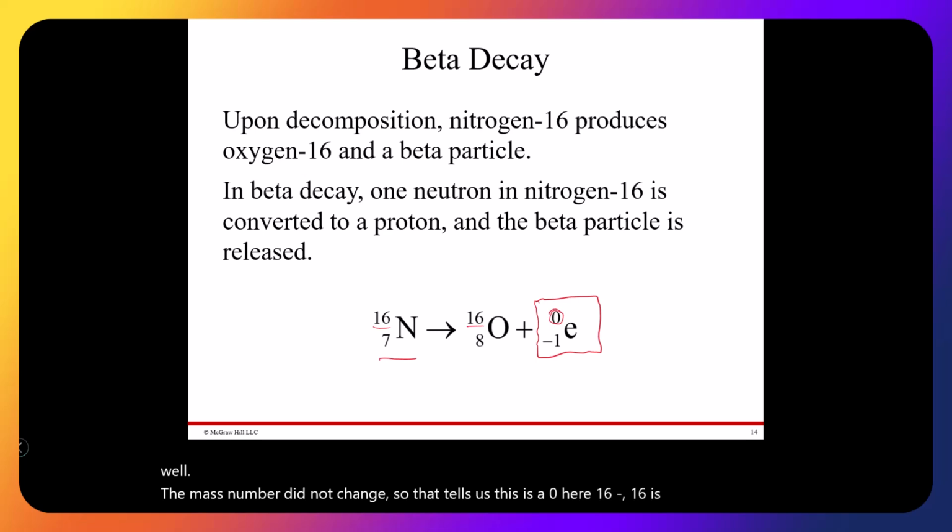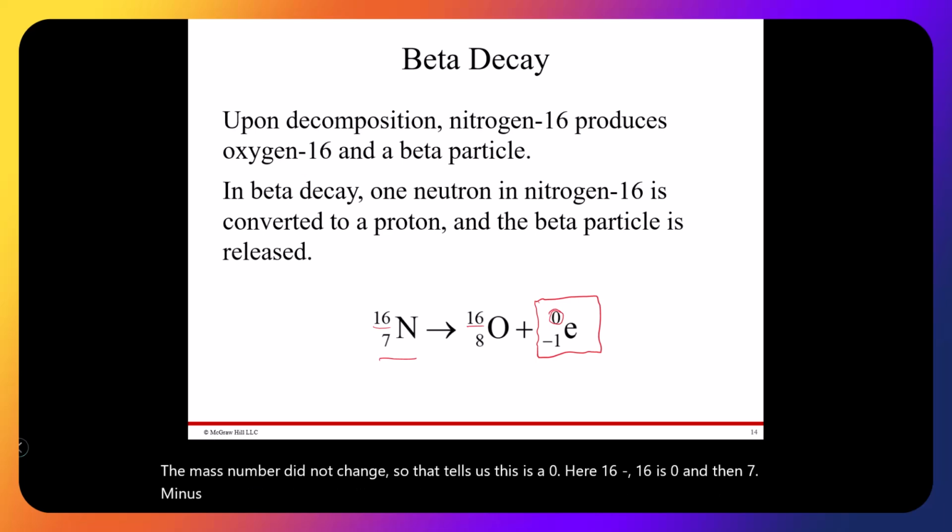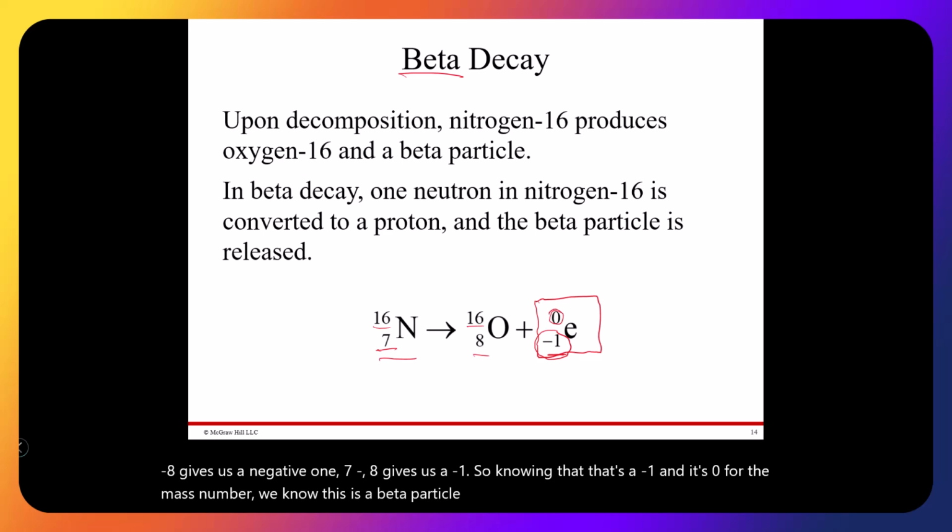And then 7 minus 8 gives us a negative 1. So knowing that that's a negative 1 and it's 0 for the mass number, we know this is a beta particle. This is a beta decay.